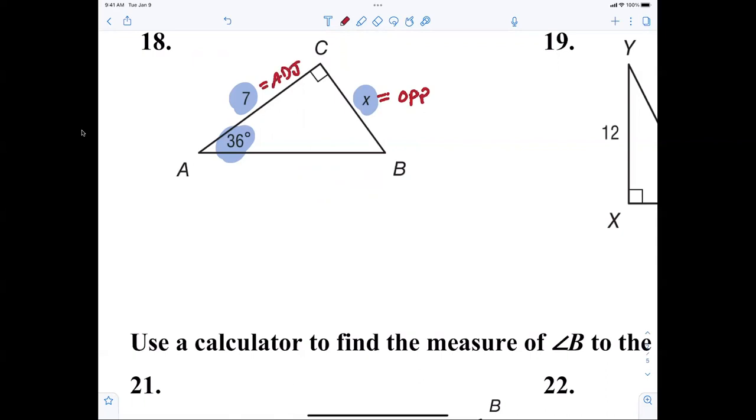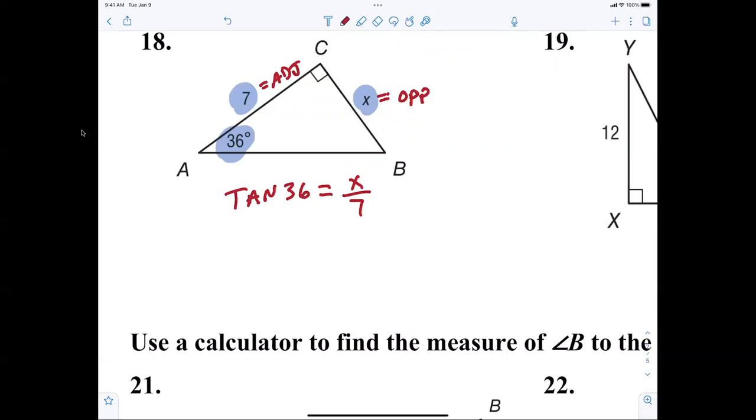So the trig function with opposite and adjacent is what? So you write down the trig function, tangent. Then after a trig function is an angle. What angle are we talking about? 36. Equals, what's the opposite? Over x over 7.